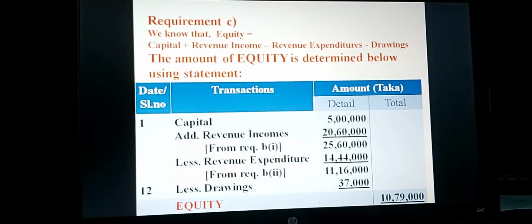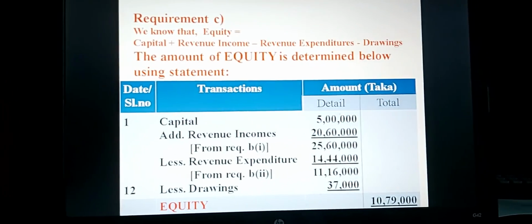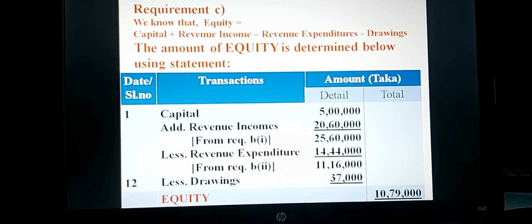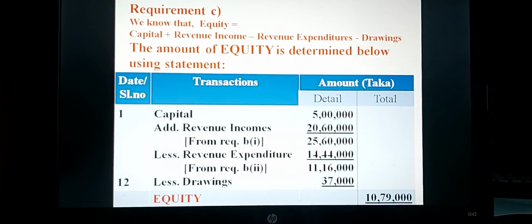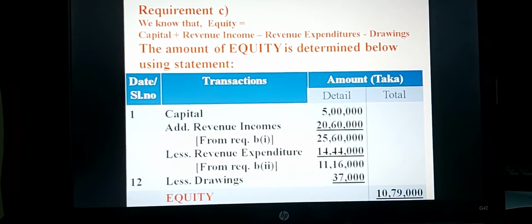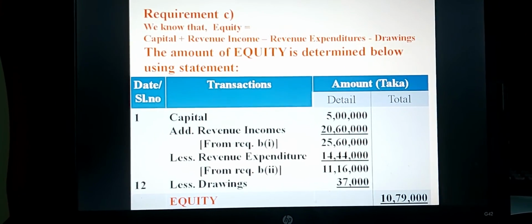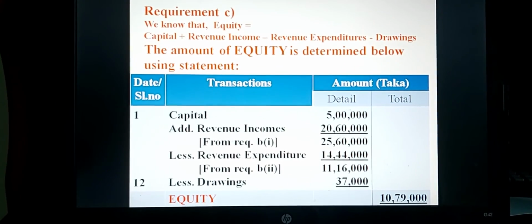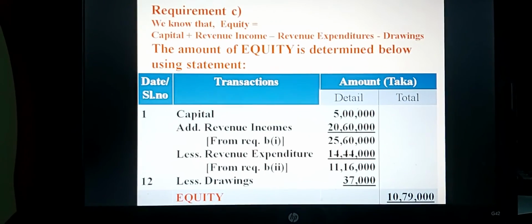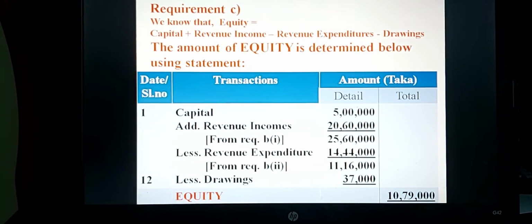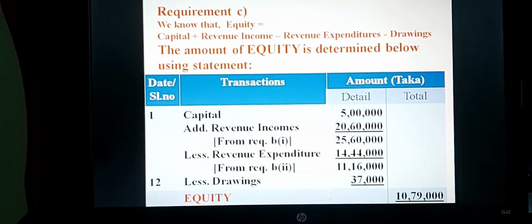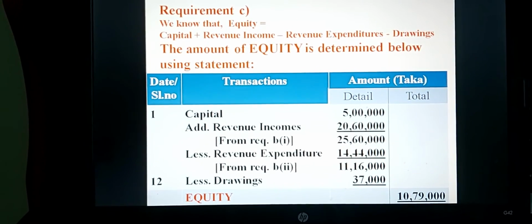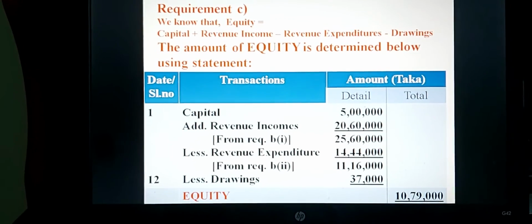In this chapter, the amount of equity is determined below using a statement. The same format is followed: date or serial number, transactions, amount taka detail, and amount taka total. So equity is equal to capital plus revenue income minus revenue expenditure minus drawings.